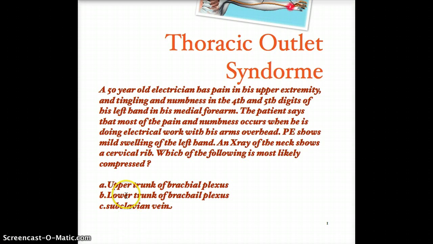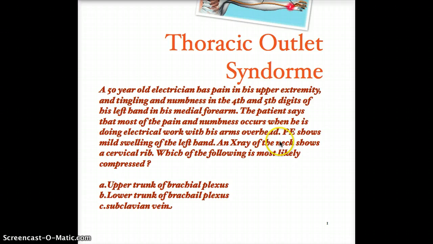So let's go back to this question here. This is a 50-year-old electrician who has pain in his upper extremity and tingling and numbness in his fourth and fifth digits of his left hand in his medial forearm. Fourth and fifth, automatically we are thinking ulnar. The patient says that most of the pain and numbness occurs when he is doing electrical work with his arms overhead.